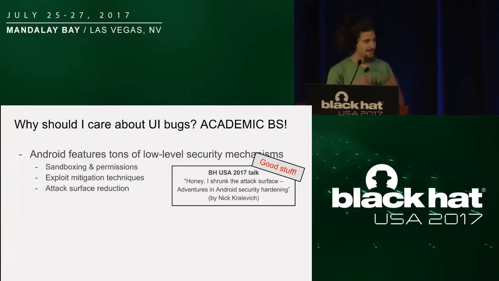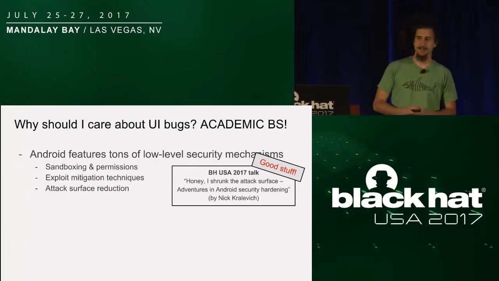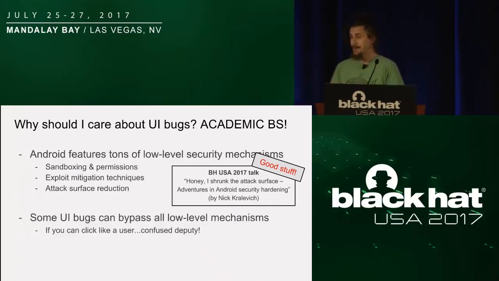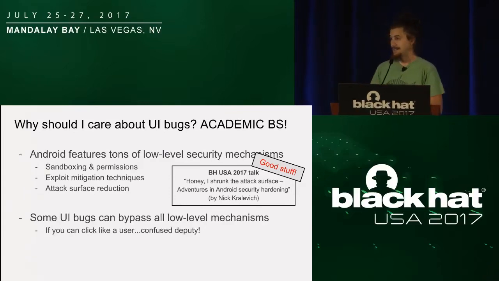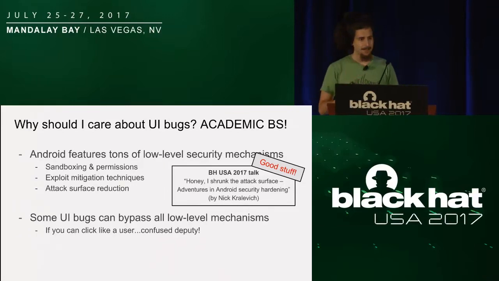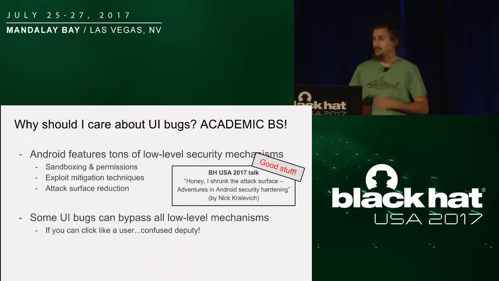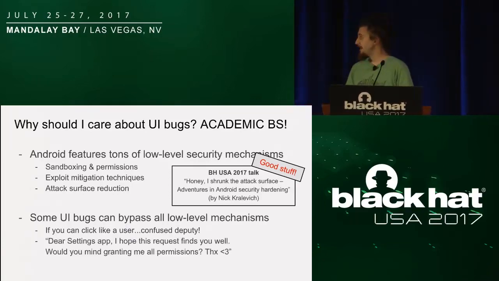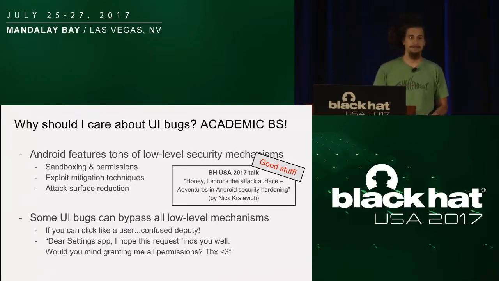I've seen these researchers having a much more difficult life trying to exploit low-level vulnerabilities. However, some of these UI bugs can actually bypass these design security mechanisms. And if you can click like a user, then you can do something we call a confused deputy, which means that instead of hacking the Settings app, you can click like a user and ask the Settings app, can I please get all the permissions?